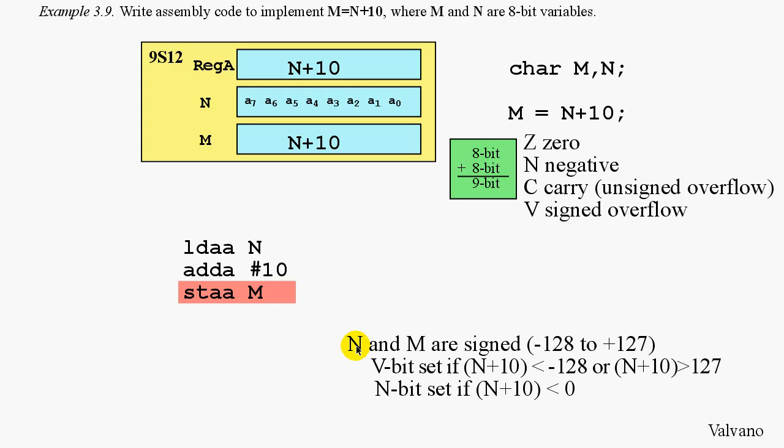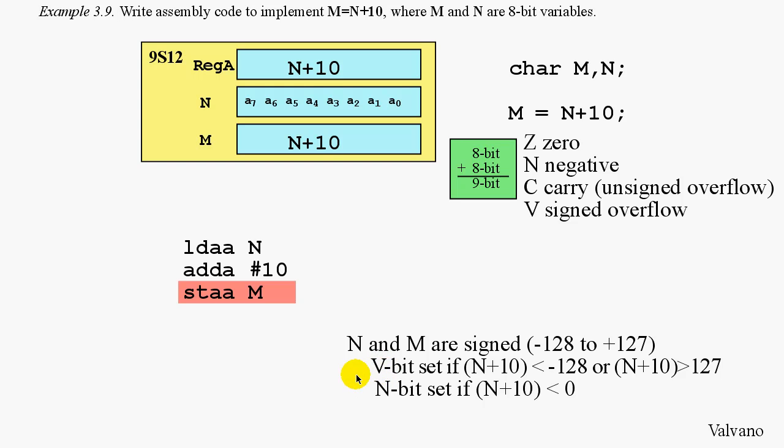On the other hand, if m and n are signed numbers, they exist from -128 to +127. And the v-bit will be set if n+10 is less than -128, or if n+10 is greater than 127. Again, the v-bit is set if the result is incorrect.